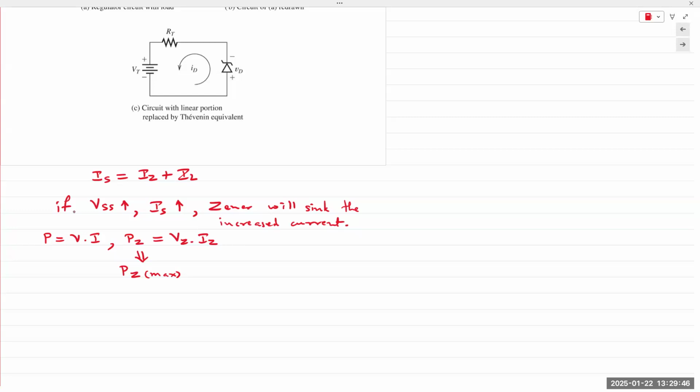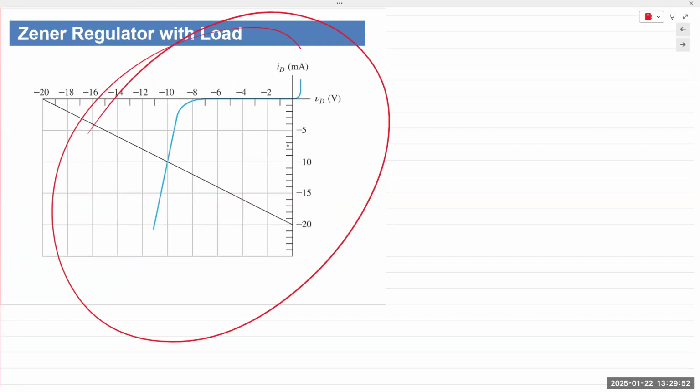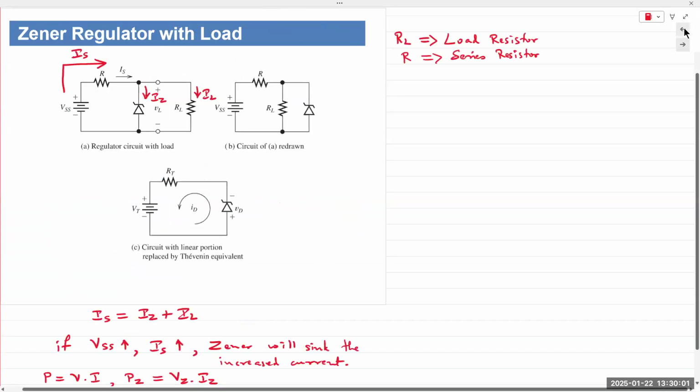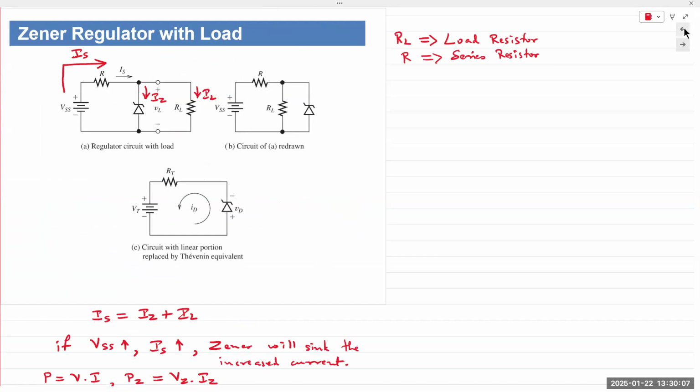So let's analyze the circuit, perform a load line analysis. We are given a graph right here. This is the characteristic that is given to us. And we want to perform a load line analysis and see how well the Zener is functioning as a voltage regulator. So, question I would ask you is, what voltage is being applied to the Zener diode?